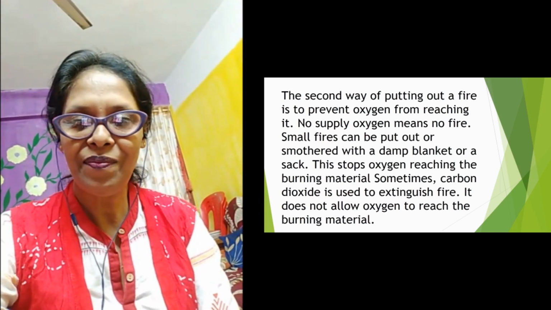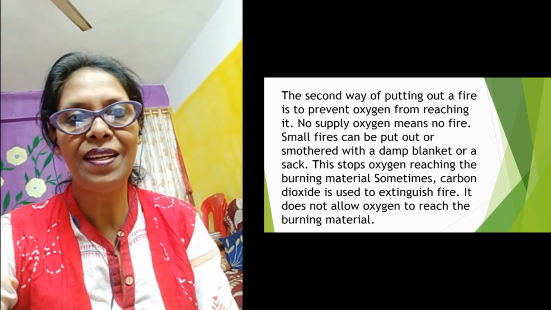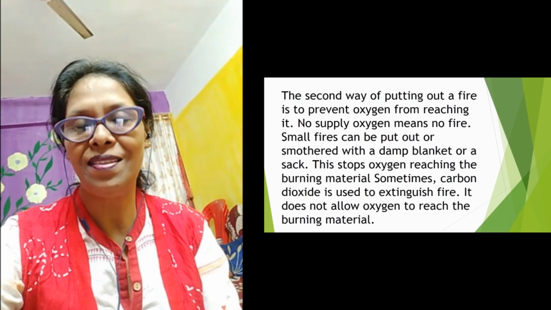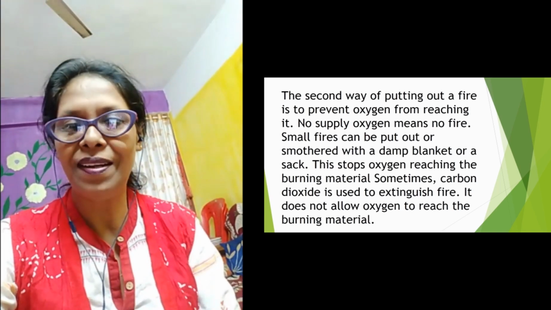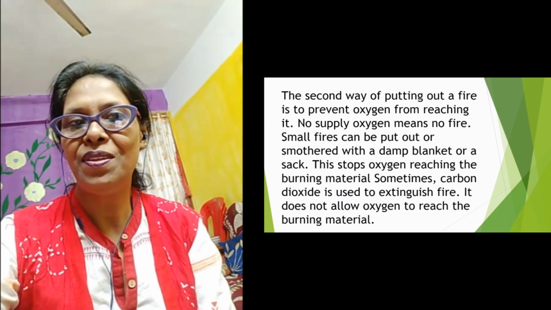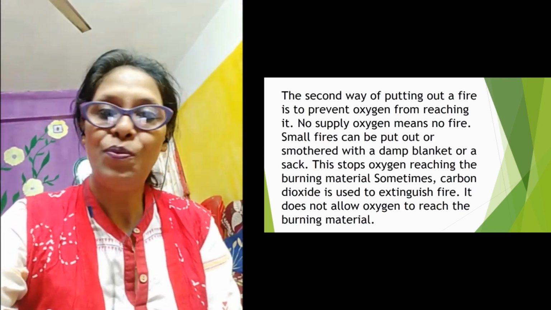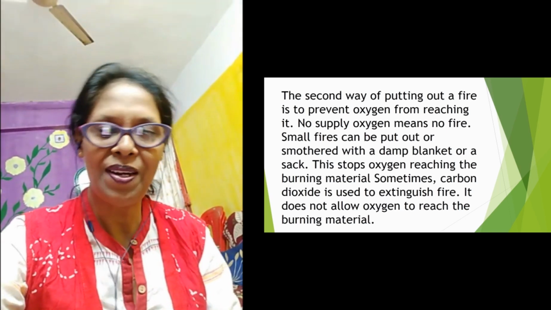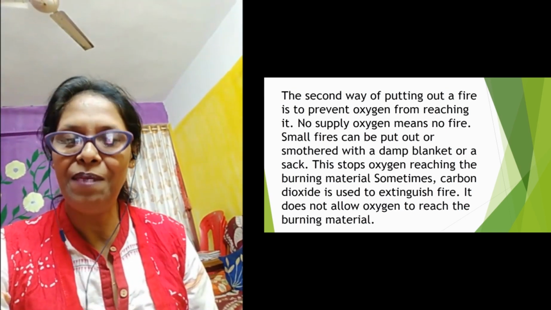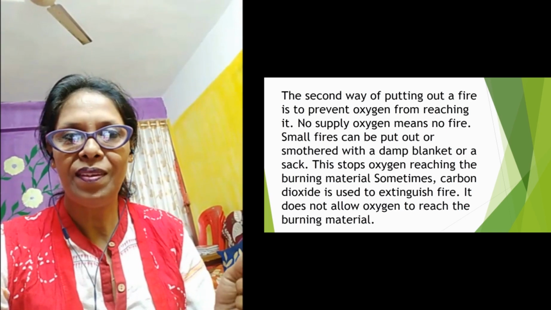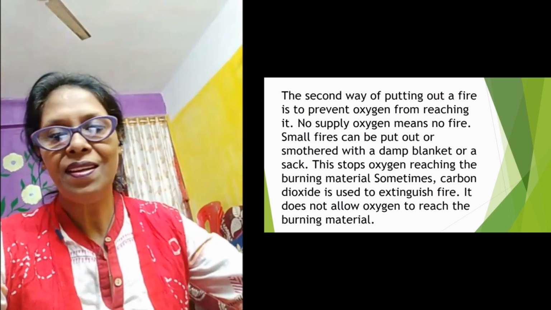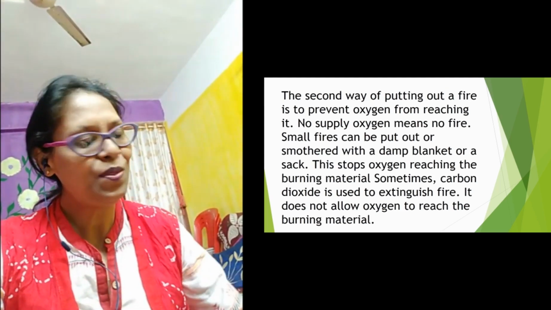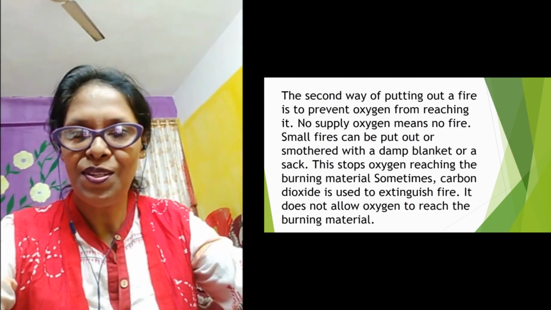You can see in our school also a carbon dioxide cylinder to extinguish fire, to put out fire. It does not allow oxygen to reach the burning material, so this way also we can put out fire.